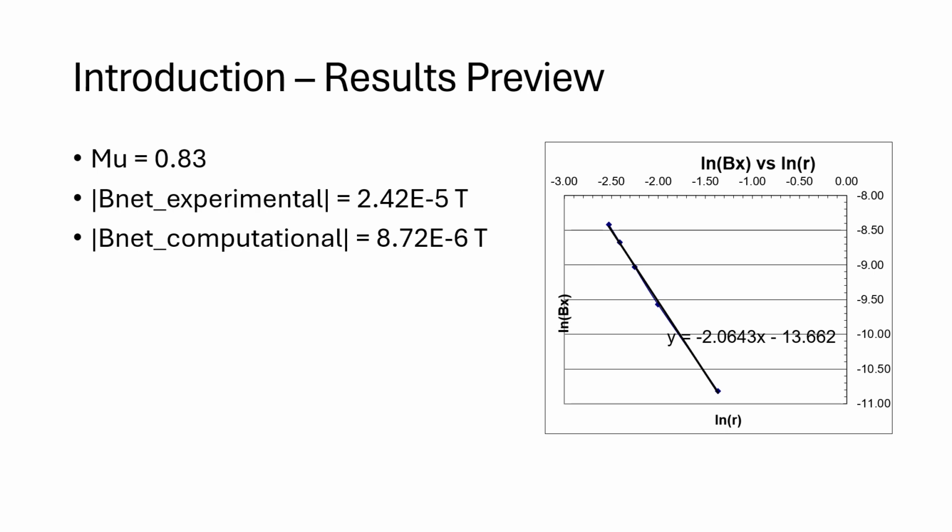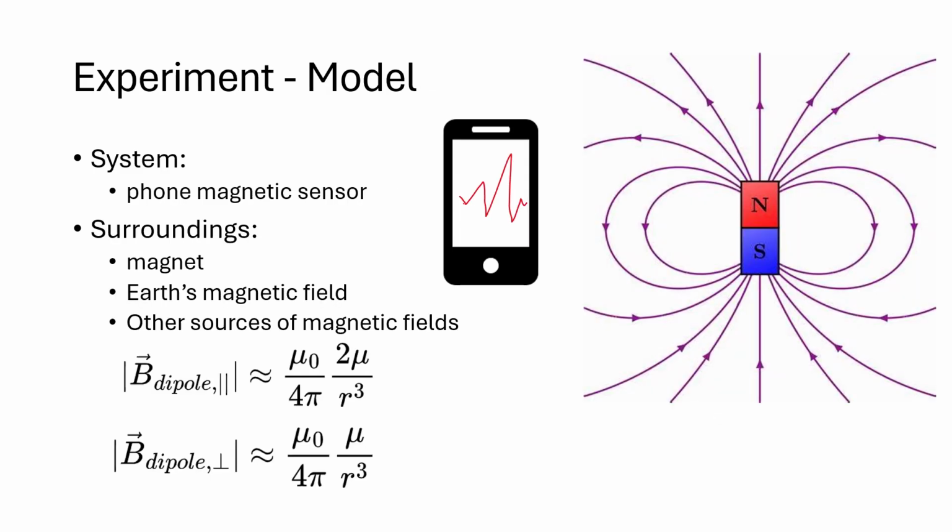Experimentally, that was computed to be 2.42 e negative 5. Computationally, that was computed to be 8.72 e negative 6. And worth noting, we observed a linear relationship between the log of the observation axis and the log of the magnitude of the magnetic field along the axis of the magnetic dipole.